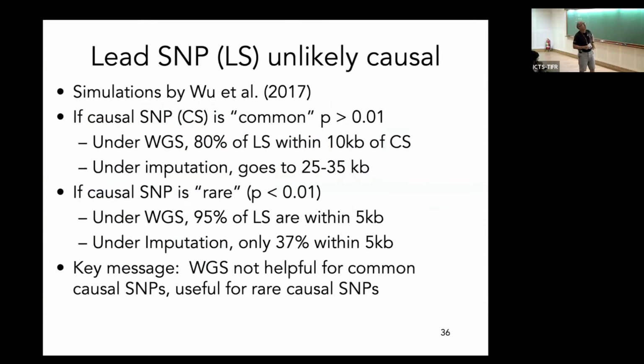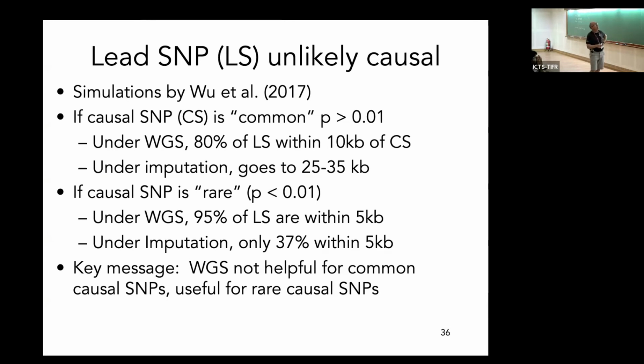More direct, another simulation: if the causal SNP is common, then under whole genome sequencing, 80% of the time the lead SNP, the one with the highest p-value, is within 10 kb of the causal SNP. It's not bad, but it's not sitting on it.